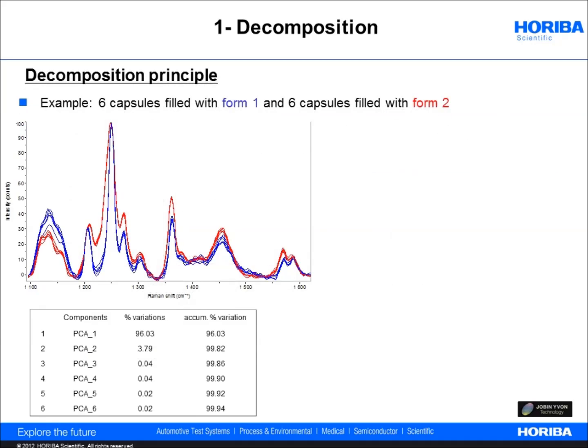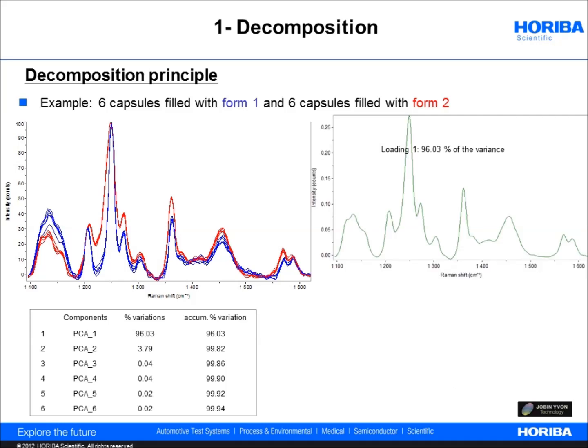To make it clearer, let's take an example. Consider this dataset made of 6 capsules having form 1 as API in blue and 6 other ones having form 2 as API in red. The spectral data indicate that the pattern is common, but small differences are observed. When applying a spectral decomposition, namely PCA, to this dataset, we obtain 12 loadings.